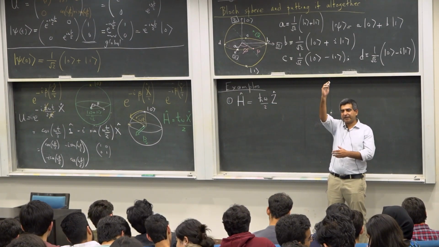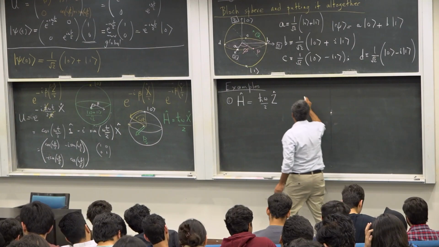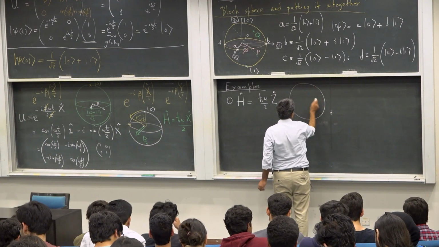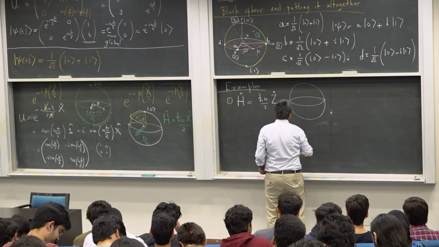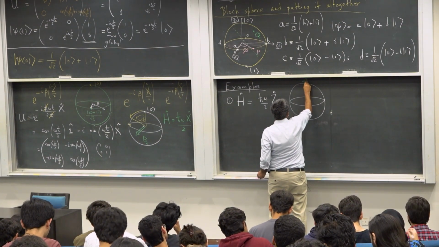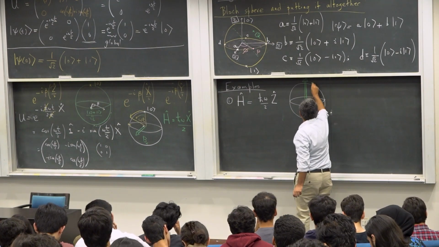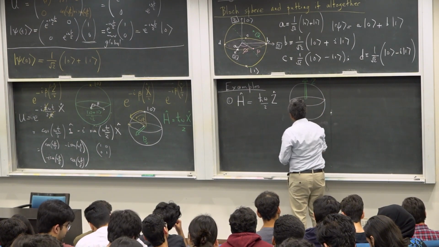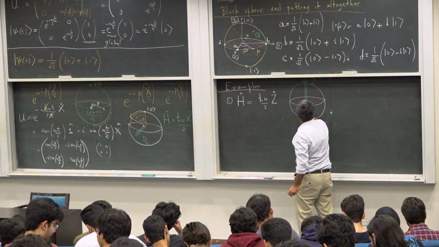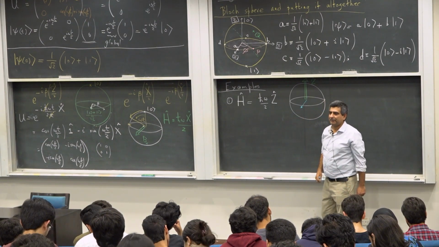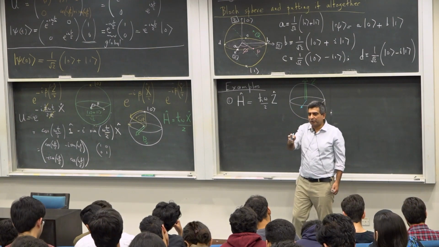So I have a Z pointing magnetic field, I have a proton inside this magnetic field, I draw the Bloch sphere, my field is along Z, this is my field, this is my Hamiltonian. Suppose my initial state were here. Now this Hamiltonian tells me I need to do a rotation about the z axis.